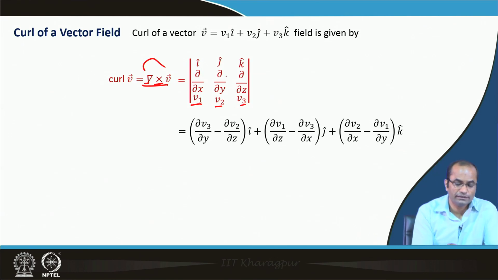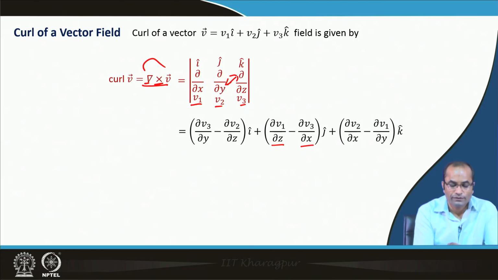If we simplify this, with the component i we have del V3 over del y minus del V2 over del z. Similarly, for j we have del V1 over del z minus del V3 over del x.